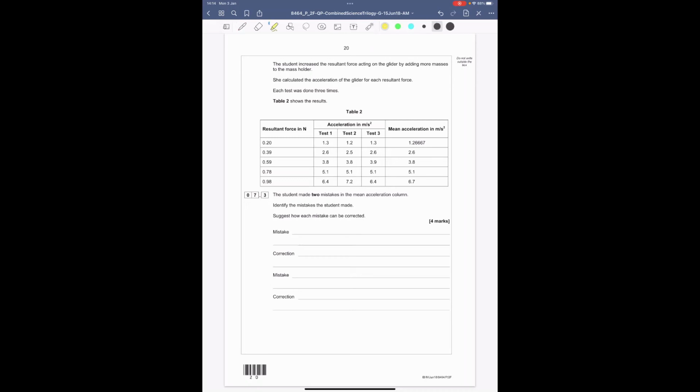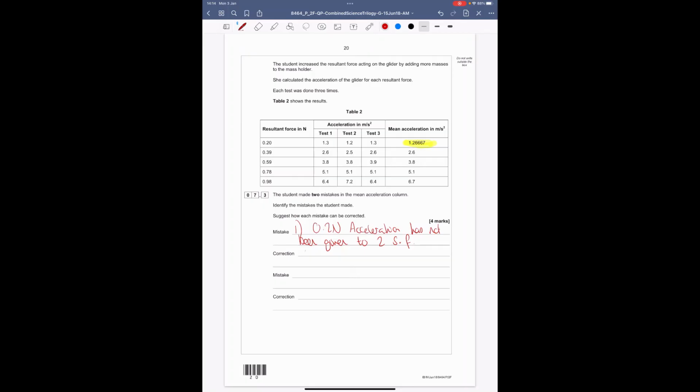So you can see initially, just by looking at the means, what's different about all of them. Well, 1 hasn't been rounded to 1 decimal place, or 2 significant figures. So mistake number 1, because results tables should always be consistent, mistake 1 is the 0.2 newtons acceleration has not been given to 2 significant figures.